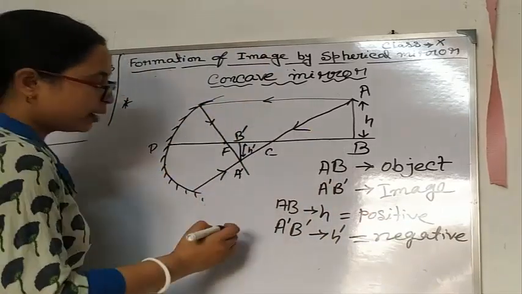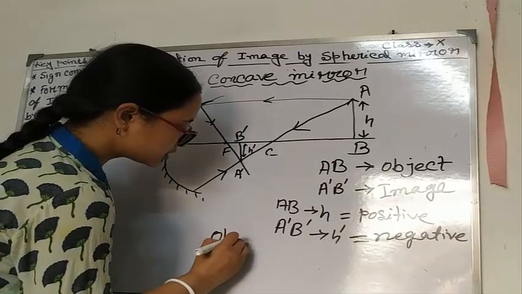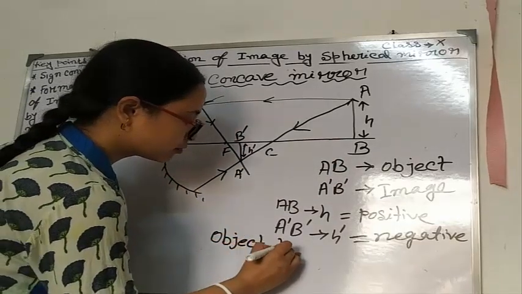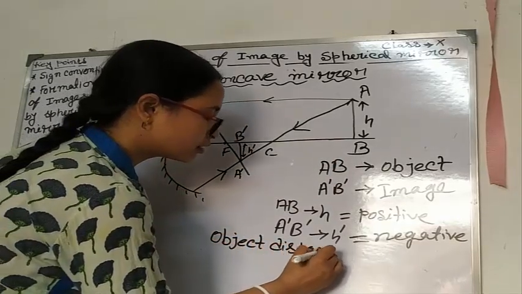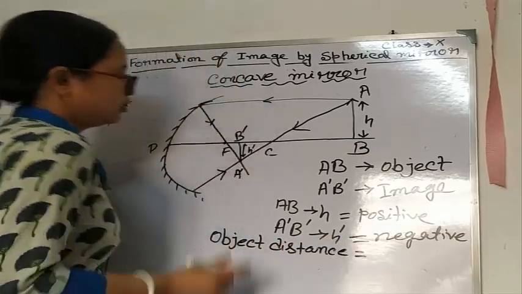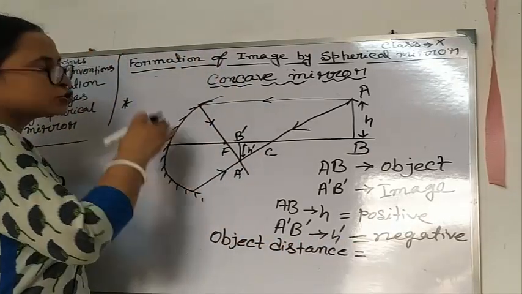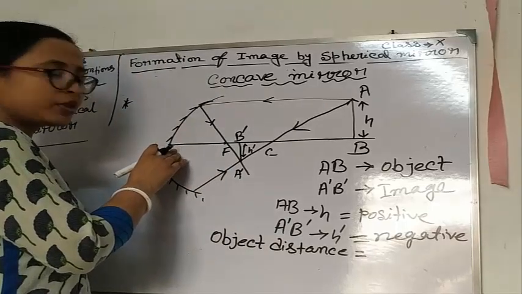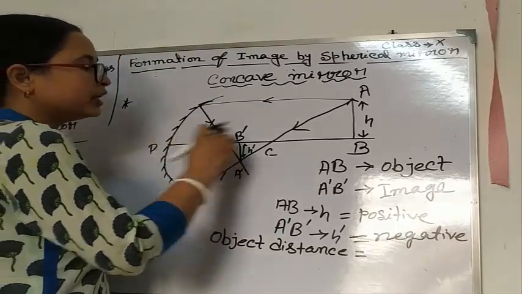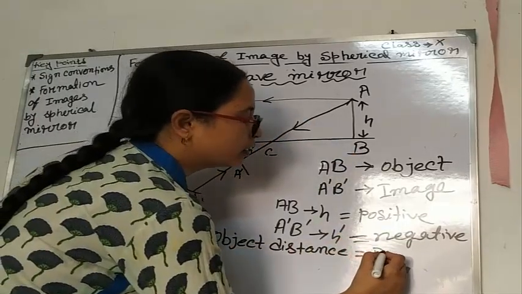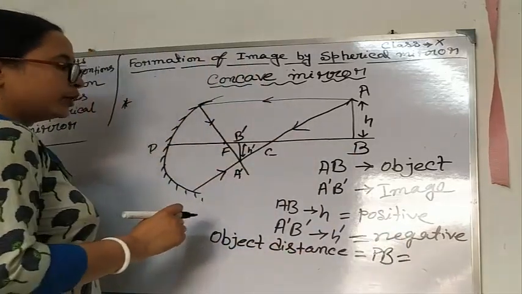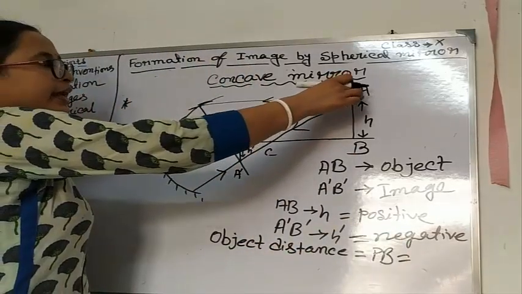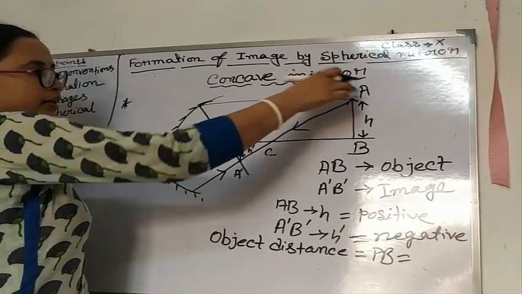Now we have to represent the object distance. I told you object distance or any distance is always measured from the pole. So object distance will be PB. What will be the sign of PB? You can see the ray is coming like this, from A in this direction.